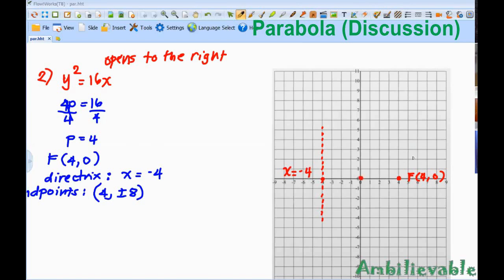Our origin, and we have 4, 8 and 4, negative 8. So we will graph it. Okay, so that's our parabola.